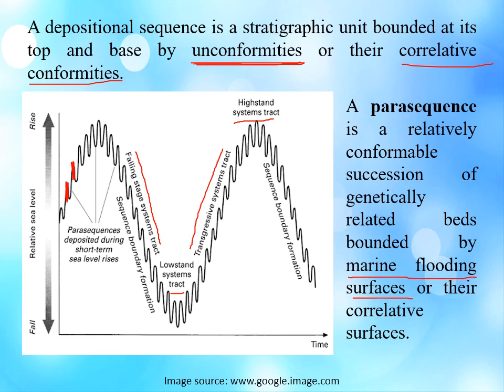So this top one, another marine flooding surface, another marine flooding surface. This is one parasequence, this is one parasequence, this is one parasequence. So like this, a sequence consists of many parasequences, and they are bounded at its top and bottom by the marine flooding surfaces.